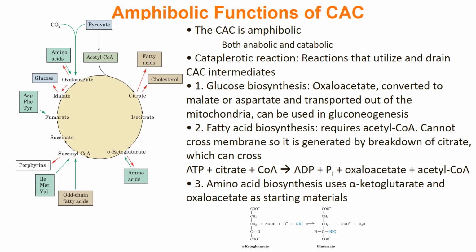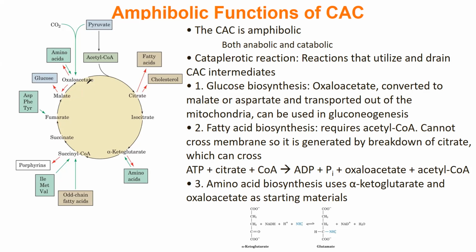Along those lines, oxaloacetate can also be used to make amino acids. We actually looked at this very briefly when we talked about how oxaloacetate makes glucose. We didn't talk about it all that much, so no problem if it doesn't sound familiar.